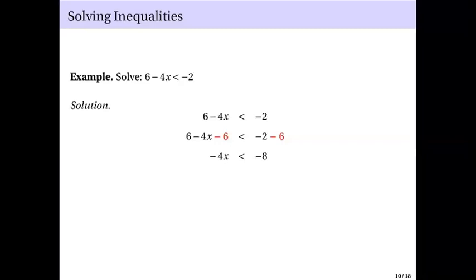Okay? And notice what will happen. I multiplied both sides of the inequality by negative 1/4. So this is negative 1/4. This is also negative 1/4. Okay? And notice, since I multiplied by a negative number, the inequality is reversed.